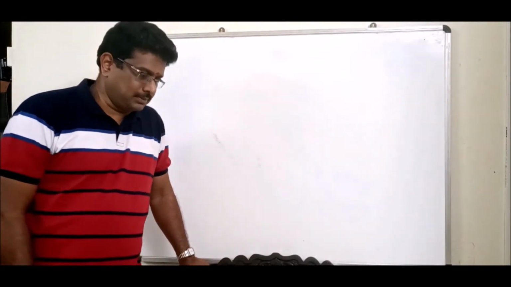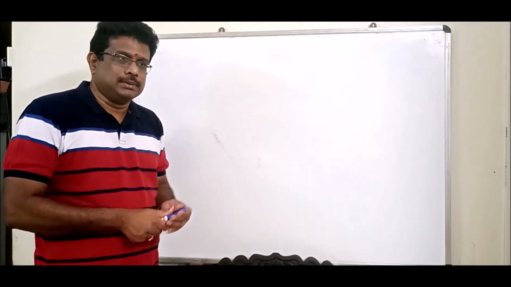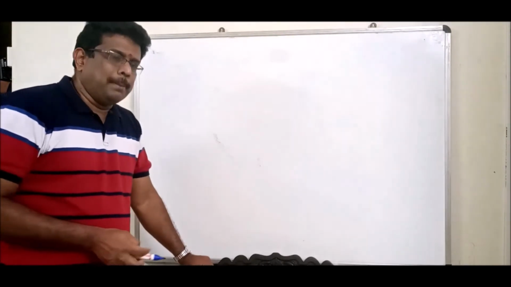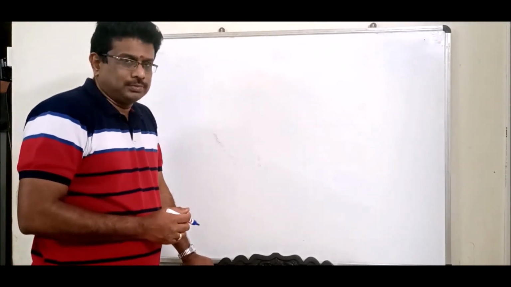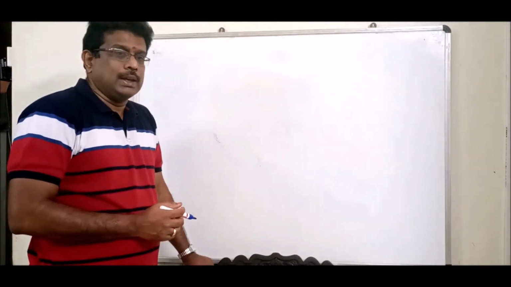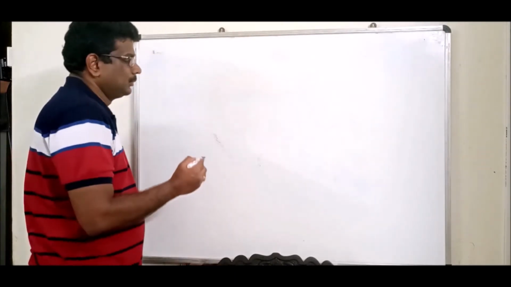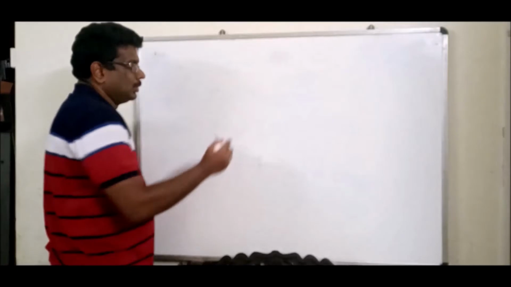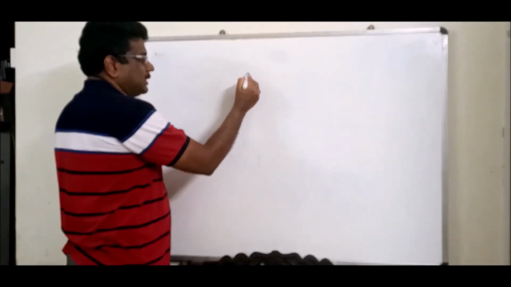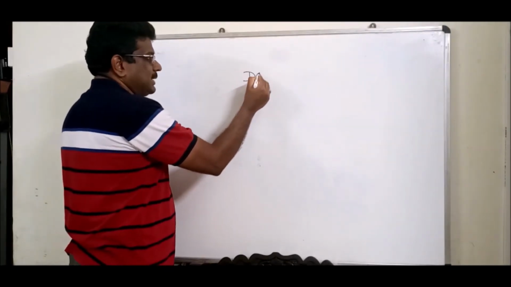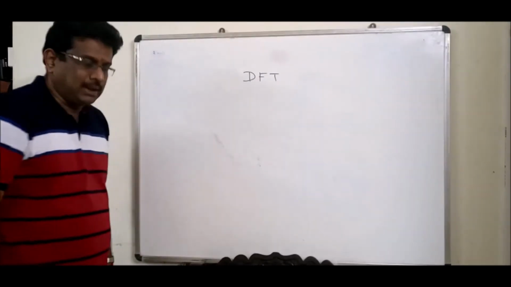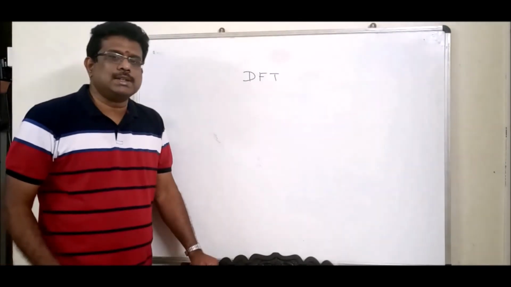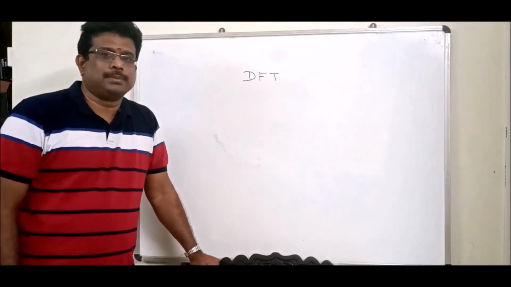Signal processing. Let us see some basic properties and its proof today in this video session. As you know, in the DSP subject, a very basic formula is the DFT, which is the discrete Fourier transform.